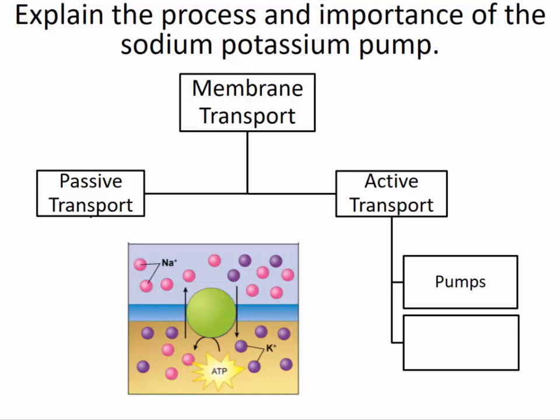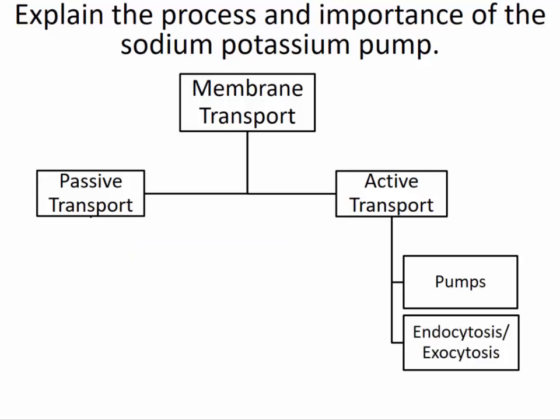The reason that we need that imbalance is because many of the functions that sodium and potassium play a role in, things like nerve signal conduction or muscular contraction, function because of this difference between the outside and the inside of the cell in terms of the two cations.